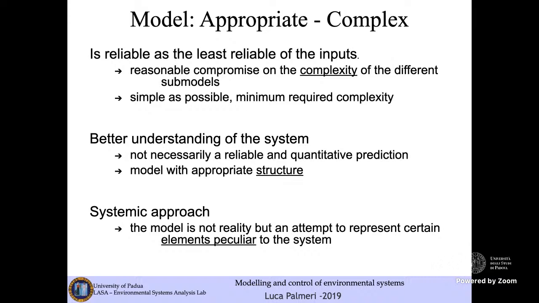So you're looking for a reasonable compromise on the complexity of the different submodels, but anyhow remaining able to describe the complexity of the whole system. The idea is that of being as simple as possible with the minimum required complexity.